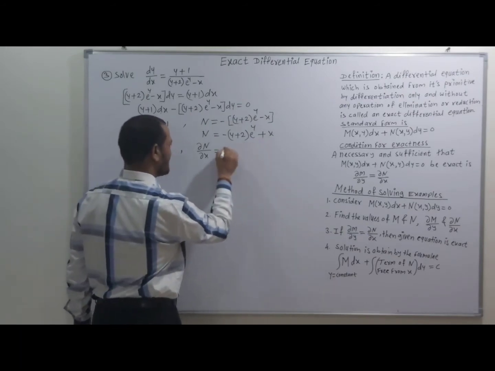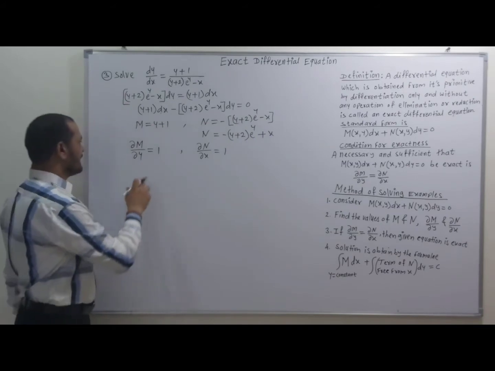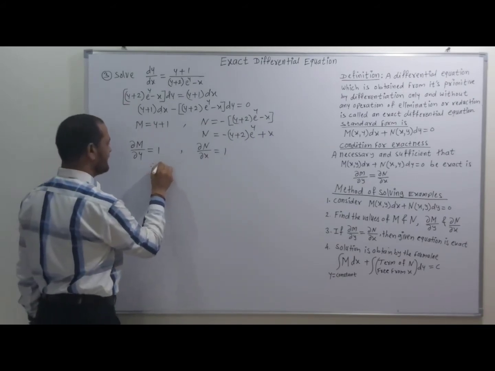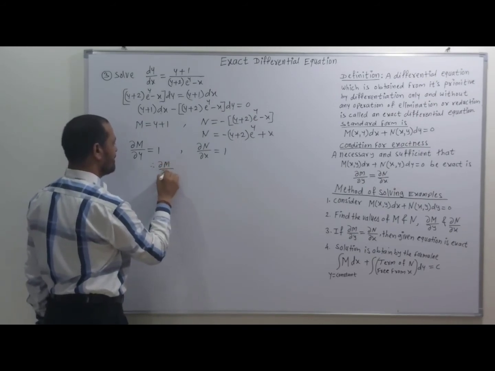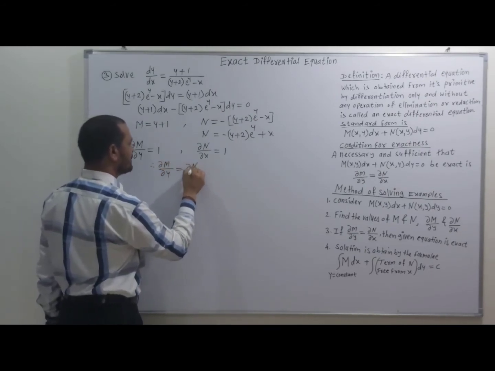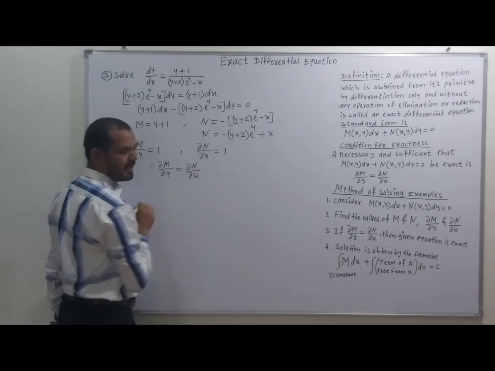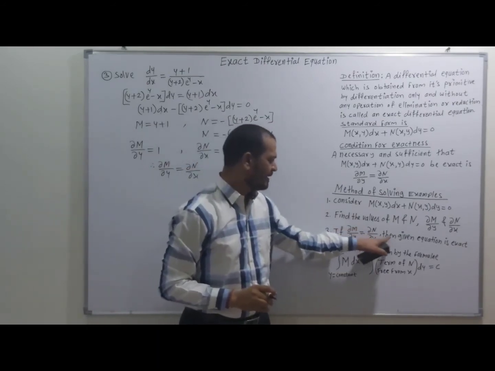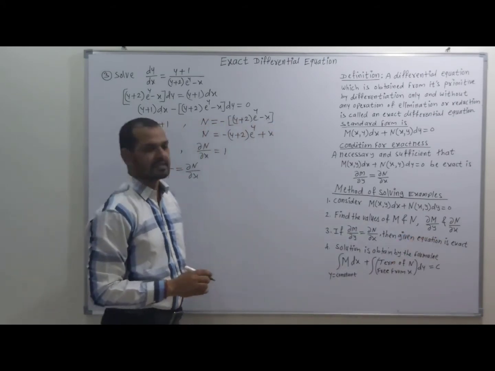The derivative of x with respect to x is 1. That means these two derivatives have the answer 1. Therefore the partial derivative of M with respect to y is equal to the partial derivative of N with respect to x. As these two are equal, we say that the given equation is exact.